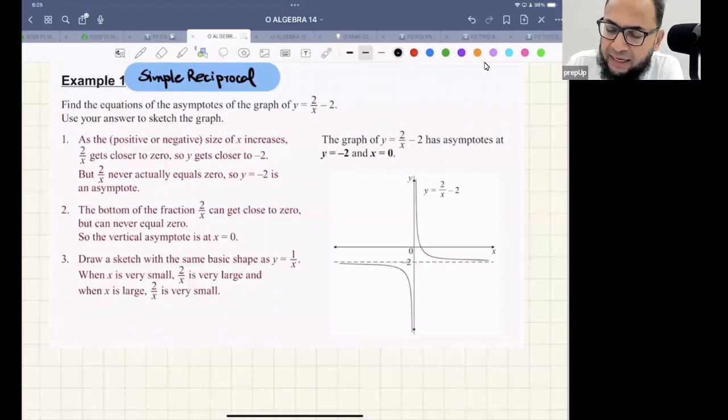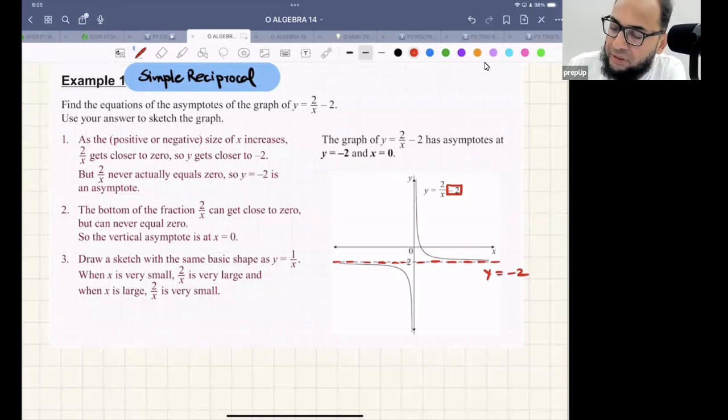The main thing that we observe over here is this number, negative 2. That means y equals negative 2 is the line which the graph does not touch. So that is y equals negative 2.